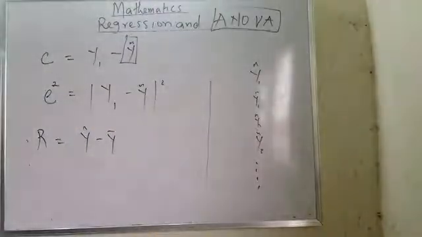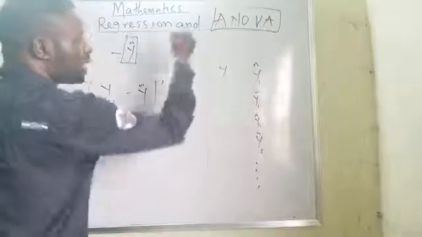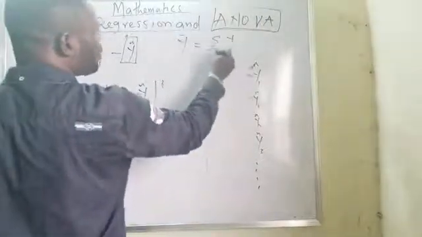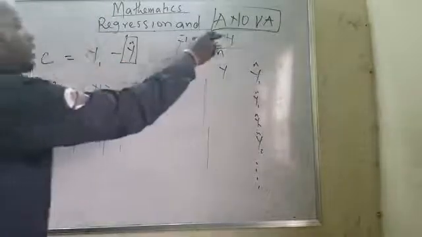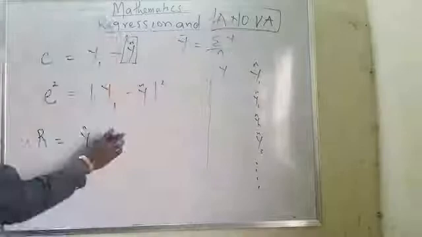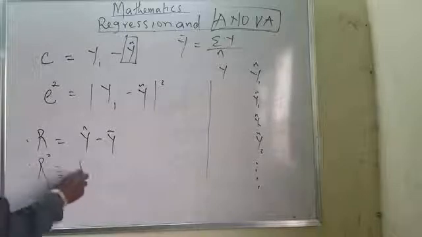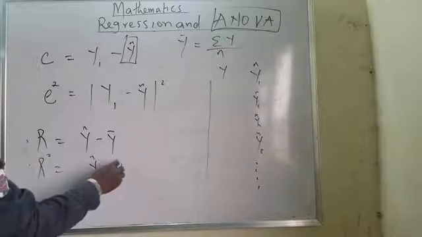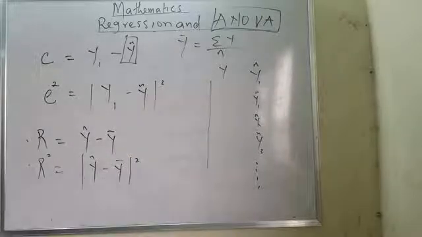Now, when you finish that, on each, mean of y, you know what is called mean of y? Mean of y is summation of y divided by the number of the cells. Any number you have, that is your mean. After doing that, now your regression sum of squares is equal to y cap minus y mean all squared.